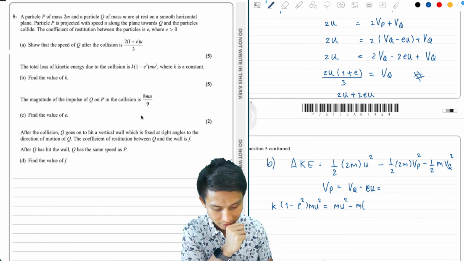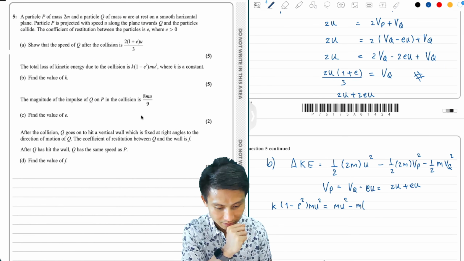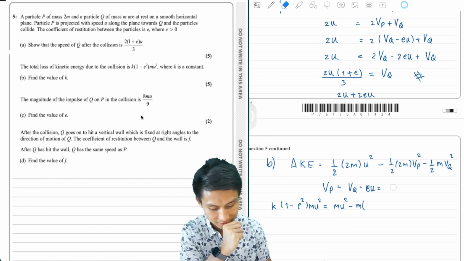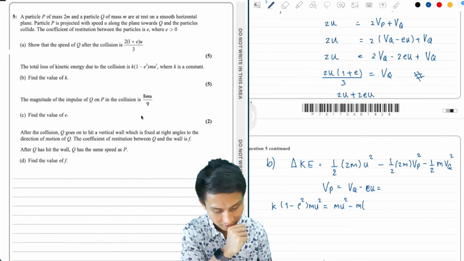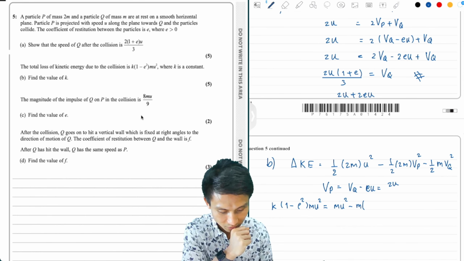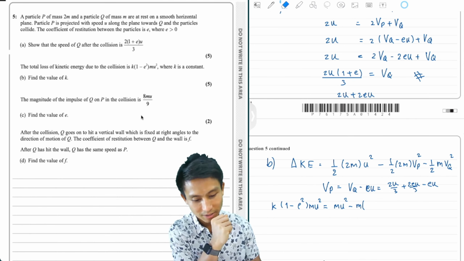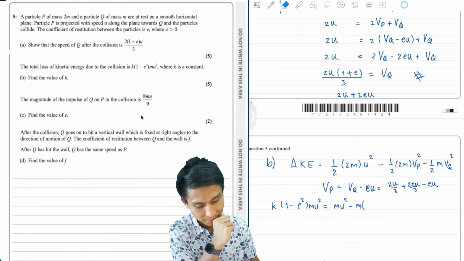So you're going to have 2u plus eu, yeah? And then, no, hang on, that's not right. Let me just write everything. So 2u over 3 plus 2eu over 3 minus eu. Yeah, that should be the vp.